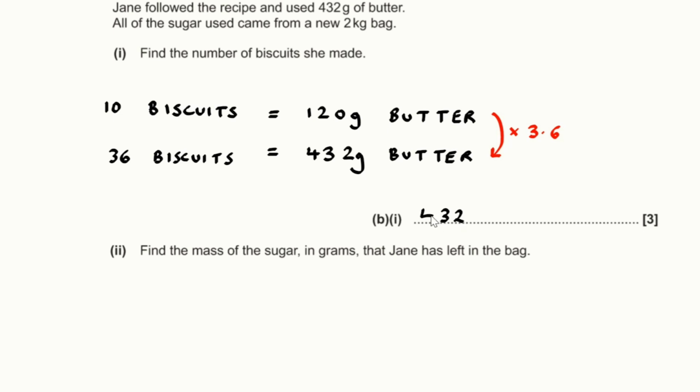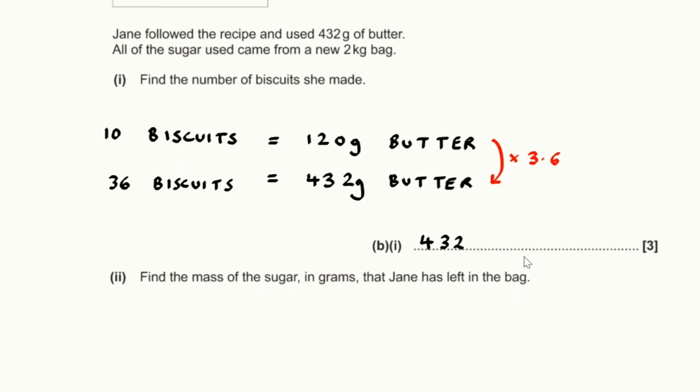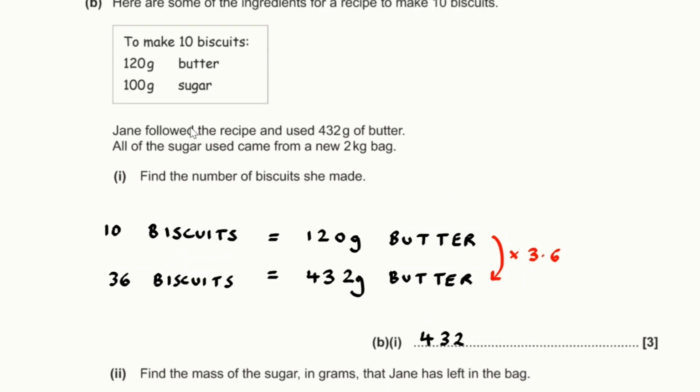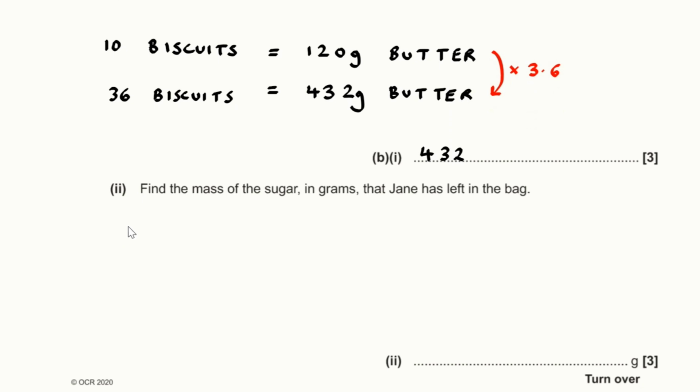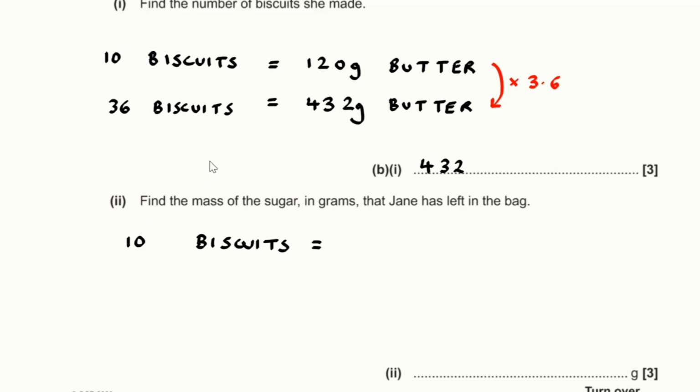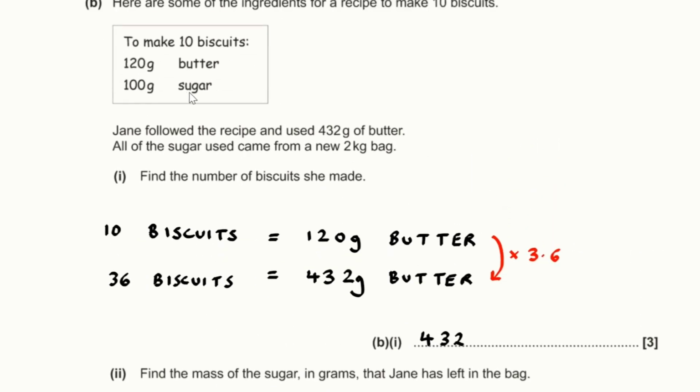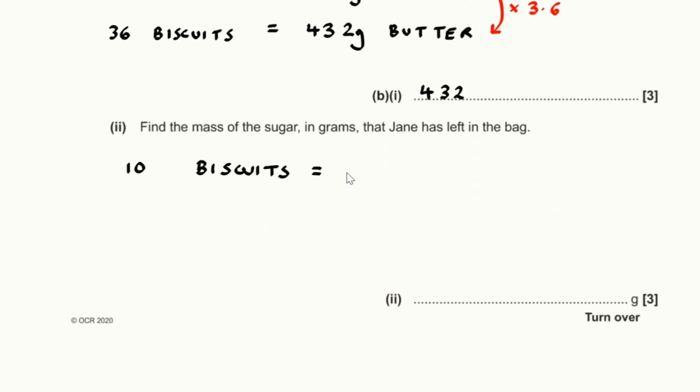And then for the next part, we have to find the mass of the sugar in grams that Jane has left in the bag. Well, for 10 biscuits, we know the amount of sugar is 100 grams. Now, we've just said we've made 36 biscuits.